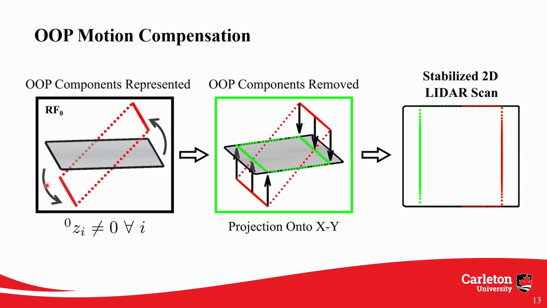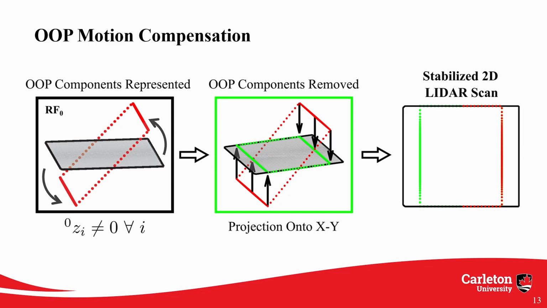So you see our original scan shown in black has now been transformed into the red scan, having a 3-dimensional component, meaning that the Z is no longer always 0. We then remove this out-of-plane motion component by projecting our scan onto the XY plane of the world frame. All of our out-of-plane motion is perpendicular to our XY plane, so its projection is 0.